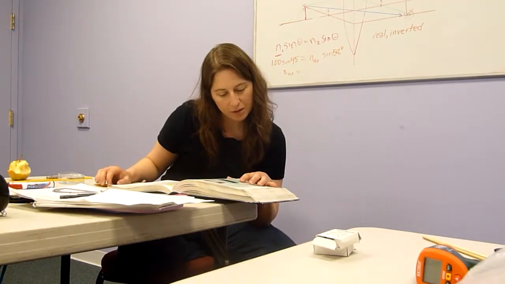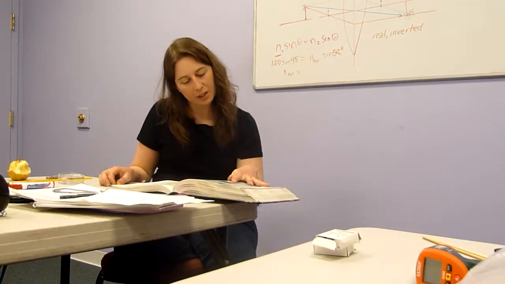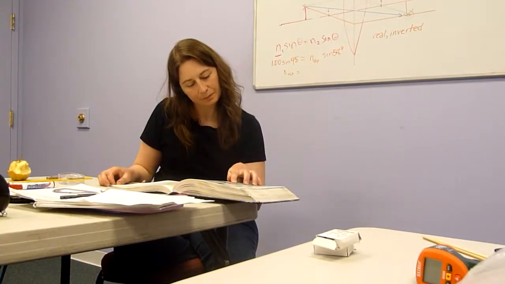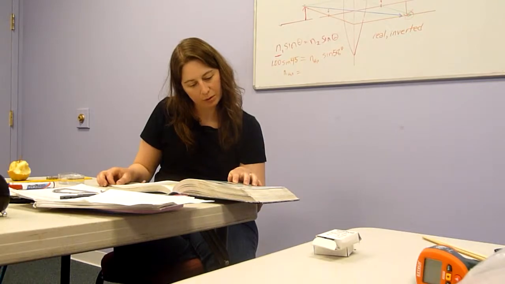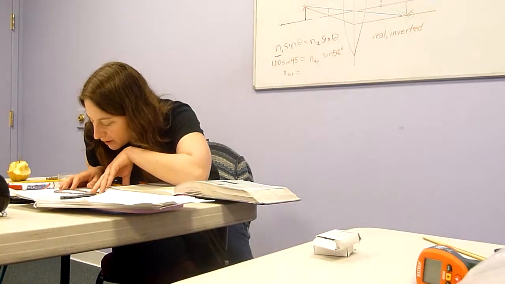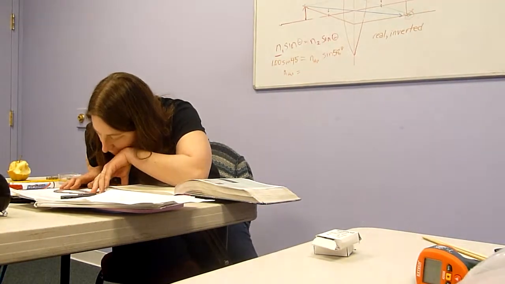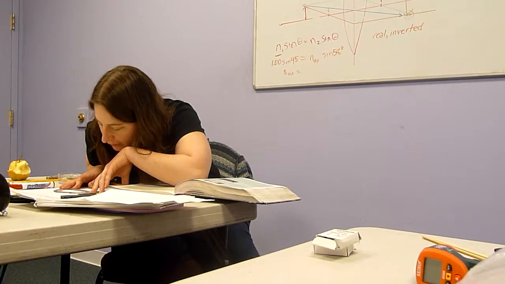So it says, use a protractor to measure the angle of the incident light beam relative to the line in step 2. Well, if I measure it the same way I measure the 45 degrees, then I get 58.